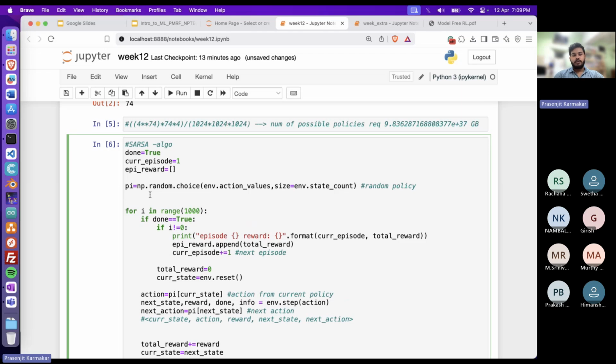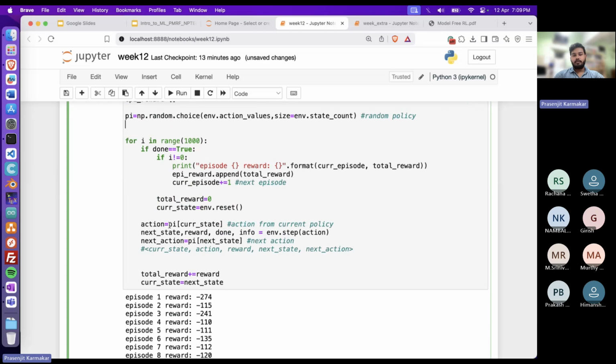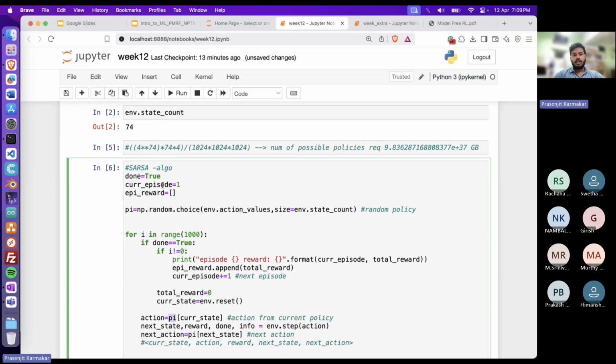In my opinion, initializing with random values makes more sense because it gives you a random start at the beginning. Anyway, the pi is computed from Q, right? So if my Q is random initially, then my pi would most likely be random, despite using epsilon greedy or anything like that.